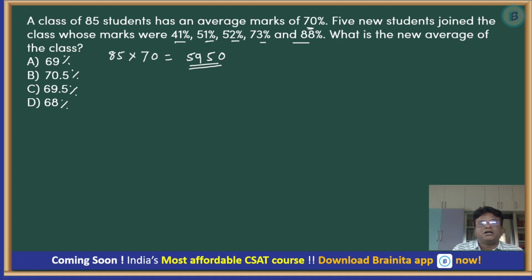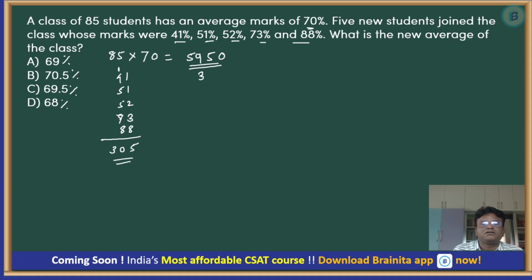Now 5 new students joined the class whose marks were 41, 51, 52, 73 and 88. So how many total marks got added? Adding these gives 305.